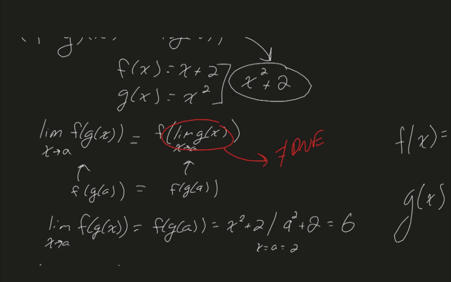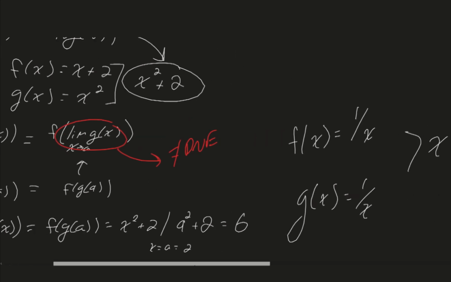I guess I could still think of an exception, however. That would be if f of x was also 1 over x. That could give us an issue, because the composition f of g of x is going to be 1 over 1 over x. That would give us x. So in that situation, it would be completely safe to do the composition and then plug in if we were looking at x approaches 0. Perhaps I should write it out for you guys. Oh no, I've been cutting it off the whole time. Forgive me.